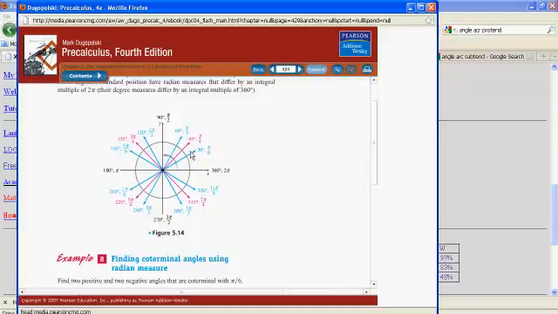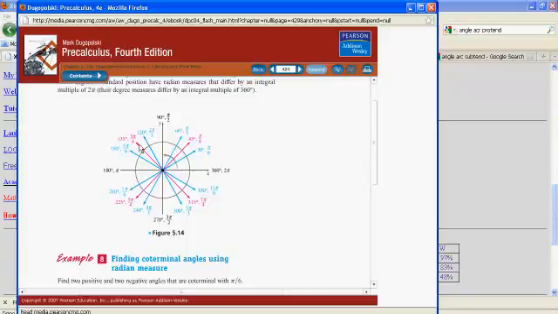Its radian measure is pi over 6. And 45 degrees, its radian measure is pi over 4. And 60 degrees, pi over 3. 90 degrees, pi over 2. 120 degrees, 2 pi over 3.